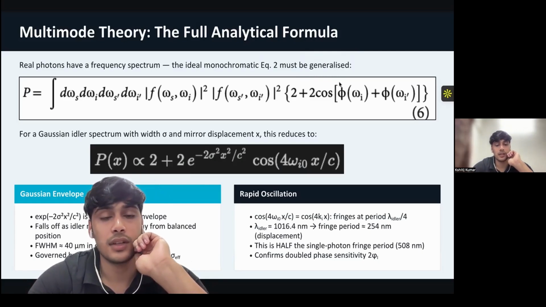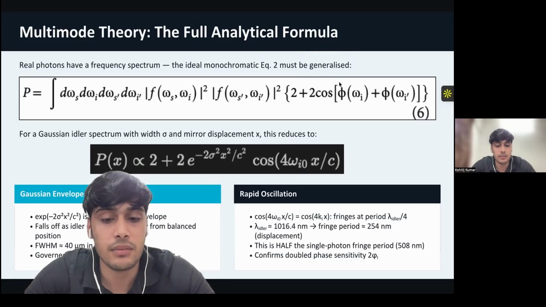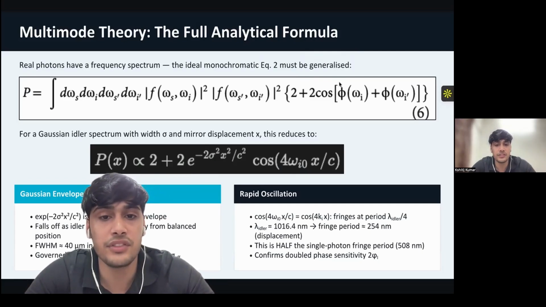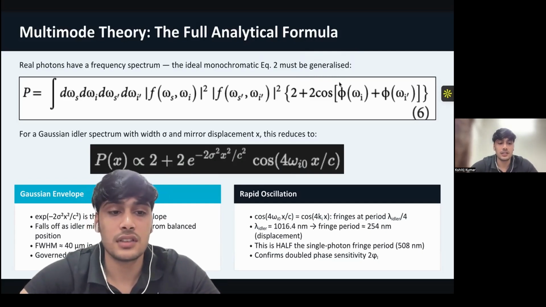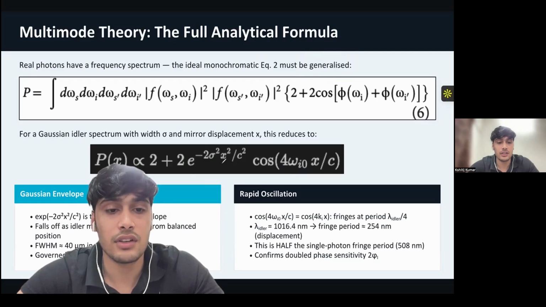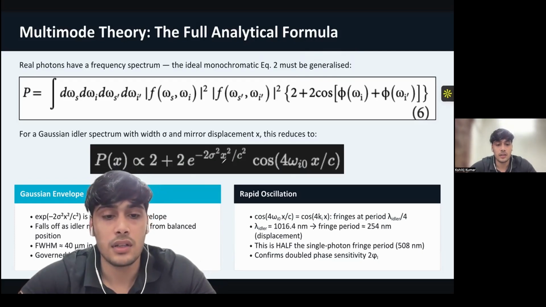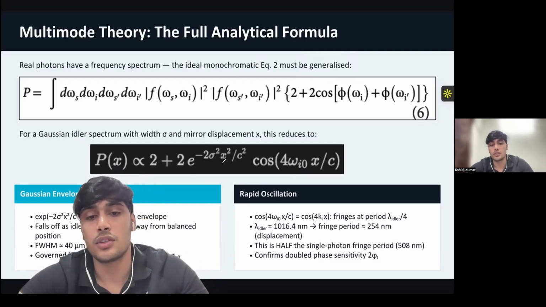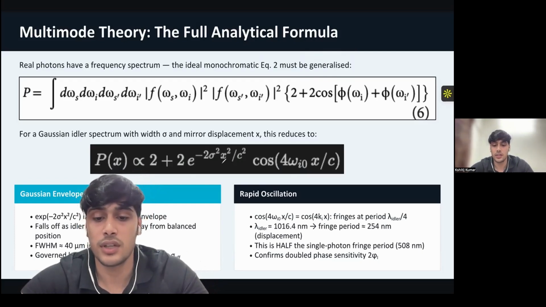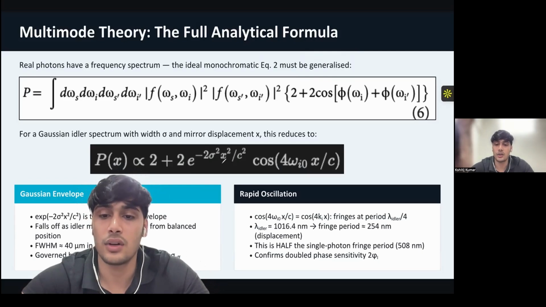And using a Gaussian idler spectrum with sigma, the entire double integral collapses into a beautifully closed form, which is denoted here. This equation, P(x) is proportional to 2 plus 2 exponential of minus 2 sigma squared x squared by c squared, and cosine of 4 omega I naught x by c.